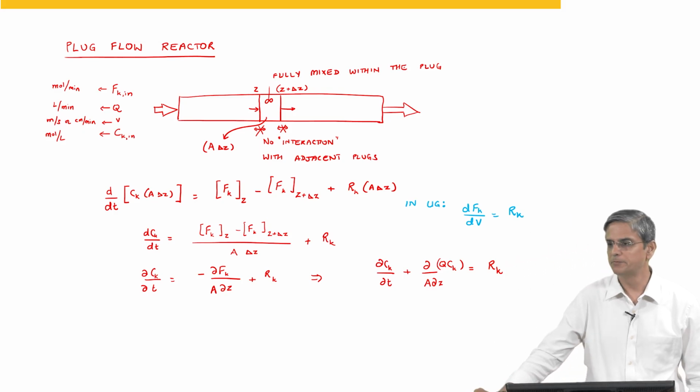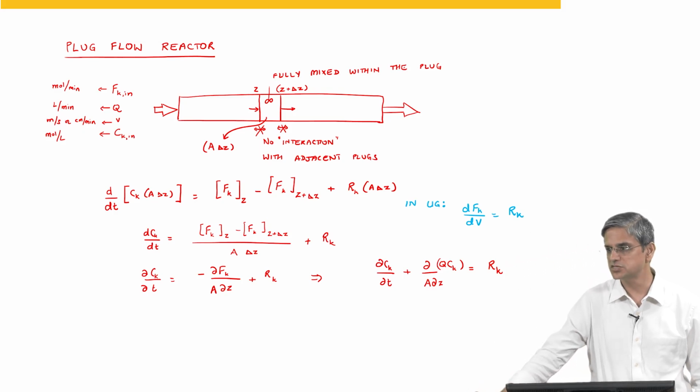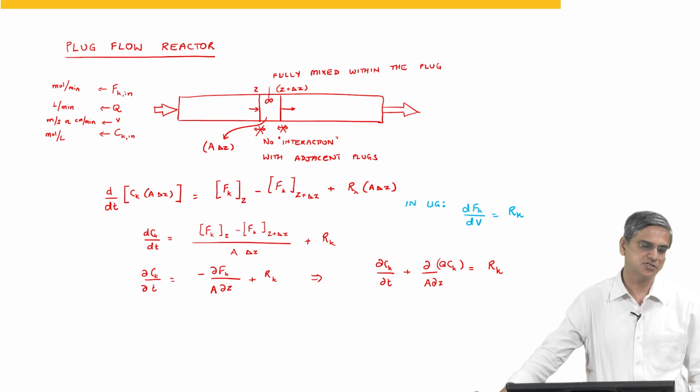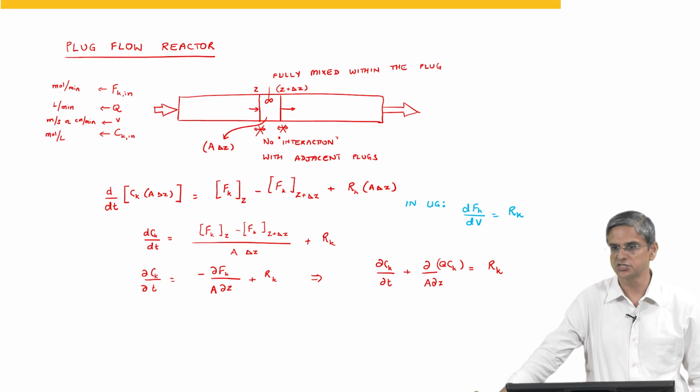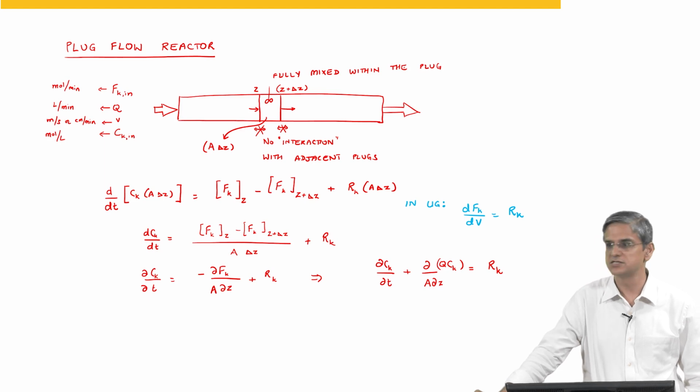Q may not necessarily be constant. If it is liquid phase, your Q is constant. If it is gas phase, your Q would not be constant. Q might change if there is a change in number of moles, and that is what you had used in order to get this volume expansion coefficient epsilon and all that.